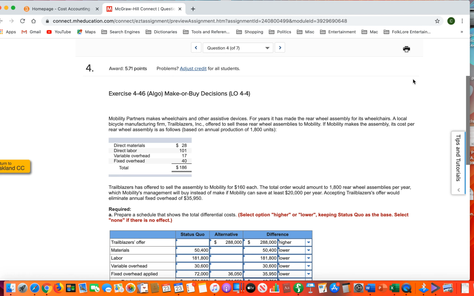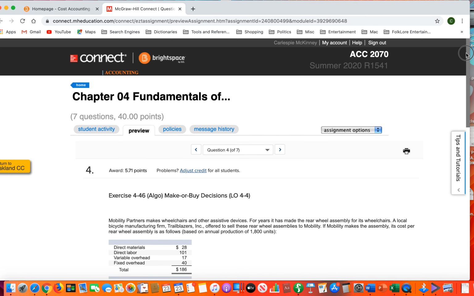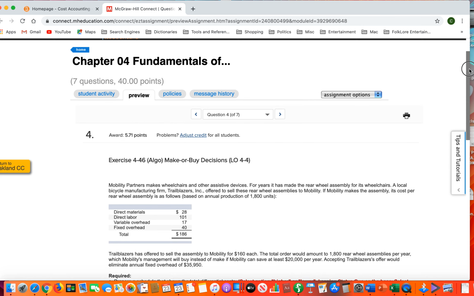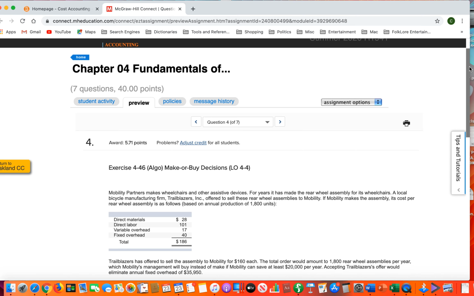Make or buy decision, wheelchairs. Now, first of all, what I did, it was 1800, same number of units, it just changed the price. So what I did, folks, here's how I handled this one. I took 1800 times 28.